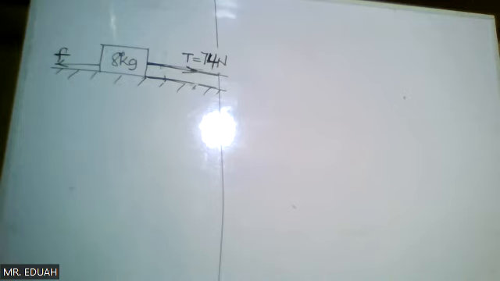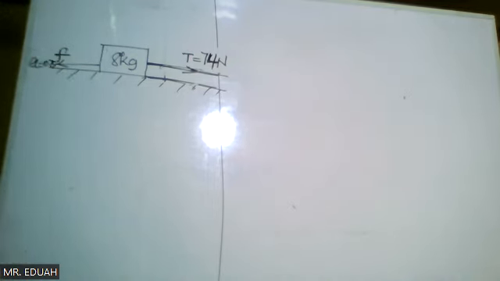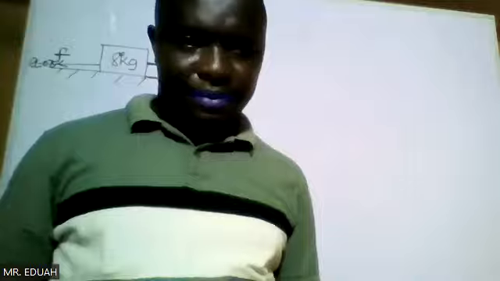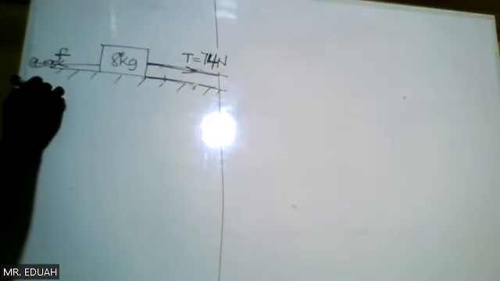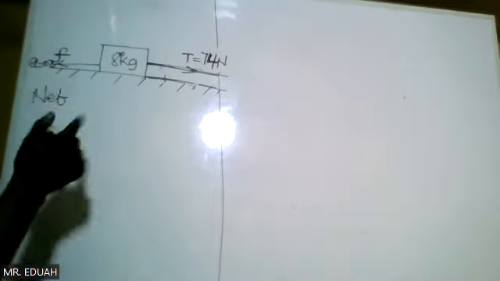If the coefficient of friction mu is equal to 0.75, find the acceleration of the particle. Once there's acceleration, there must be a net force. The net is the difference between two forces.